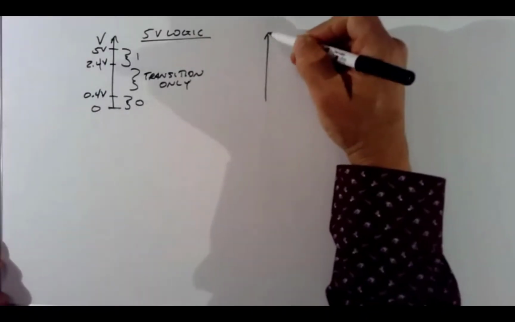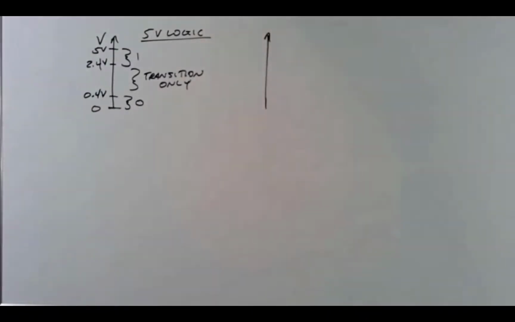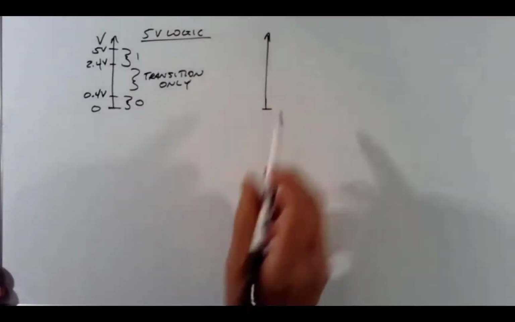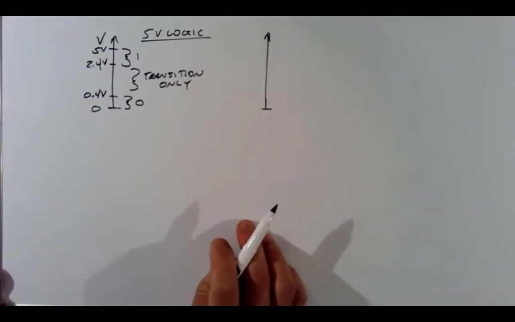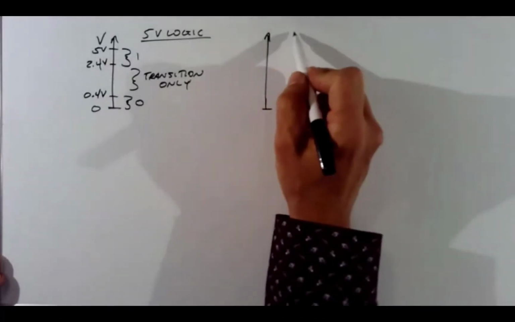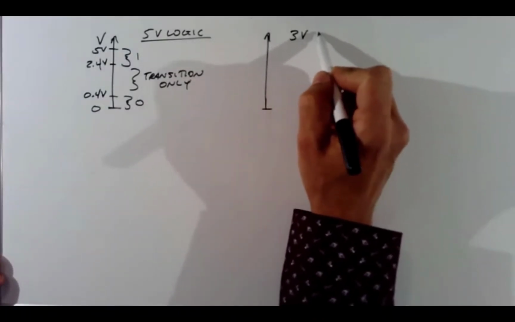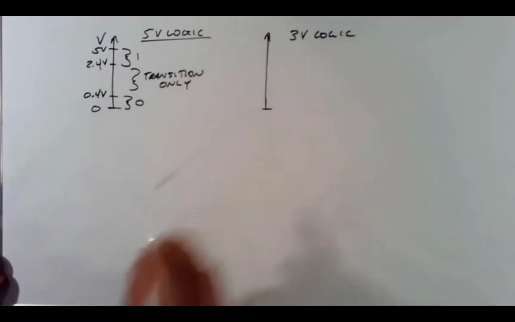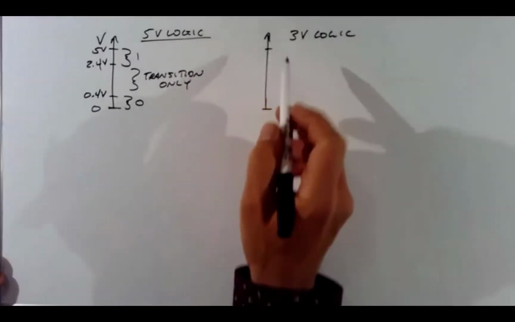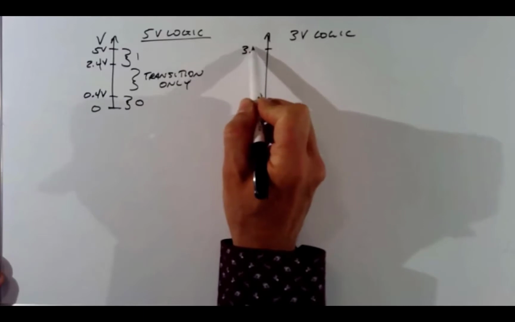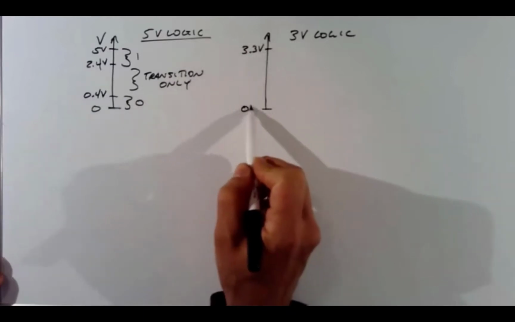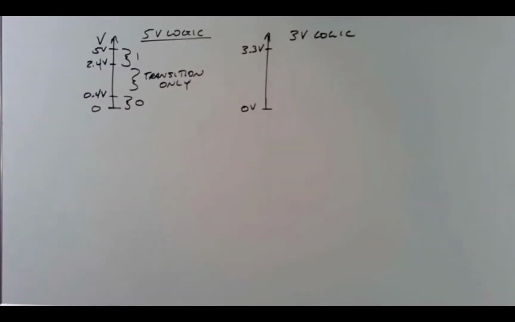Just to point it out practically, if you've ever used an Arduino or if you use one in the future, some microprocessors like the Arduino and others use 3-volt logic or 3.3-volt logic. And again, it depends on the chip, but sometimes it ranges from 3.3 volts down to 0 volts, like the valid ranges.